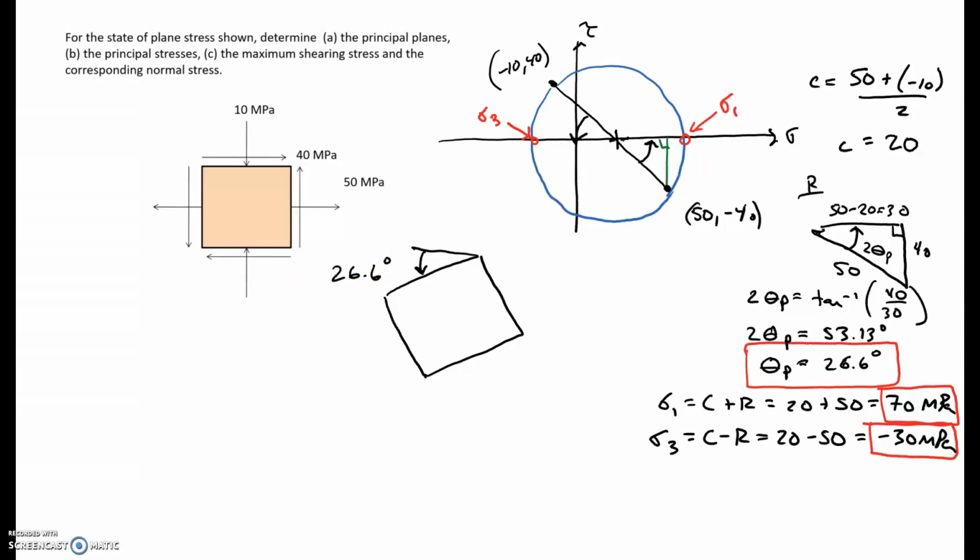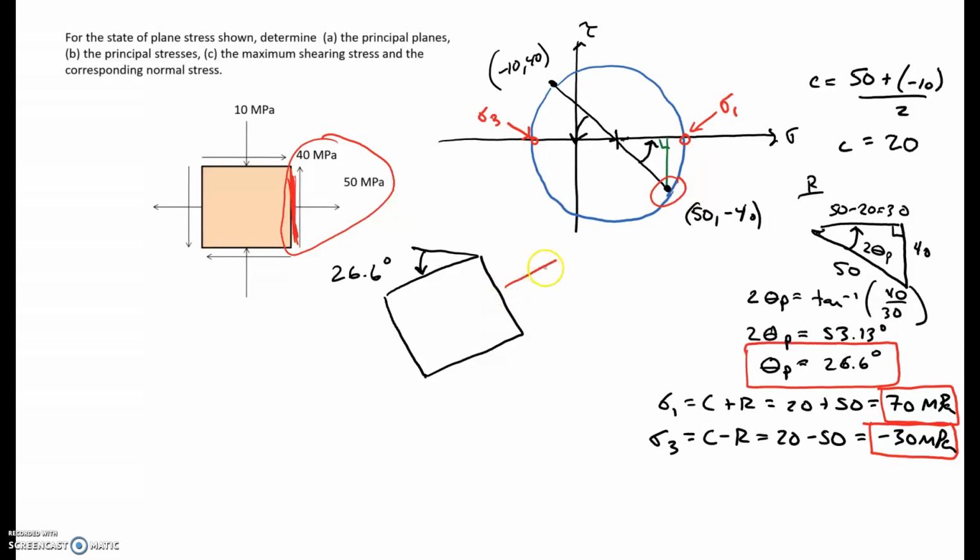For the principal stresses, the right side of the element, which was the 50, negative 40 coordinate down here, ends up rotating counterclockwise and goes to sigma 1. That means that vertical face rotates counterclockwise and ends up here as sigma 1.